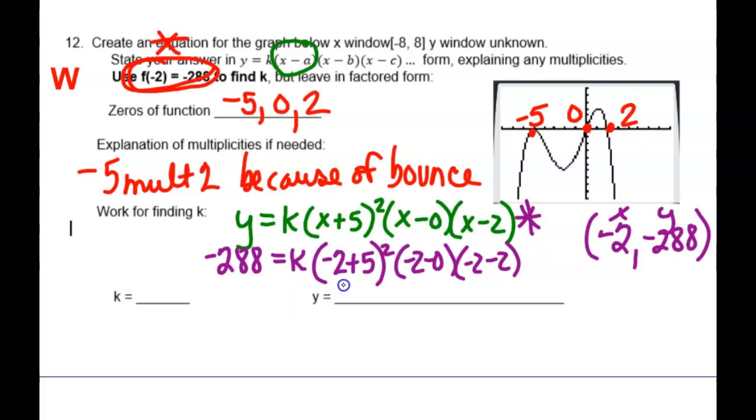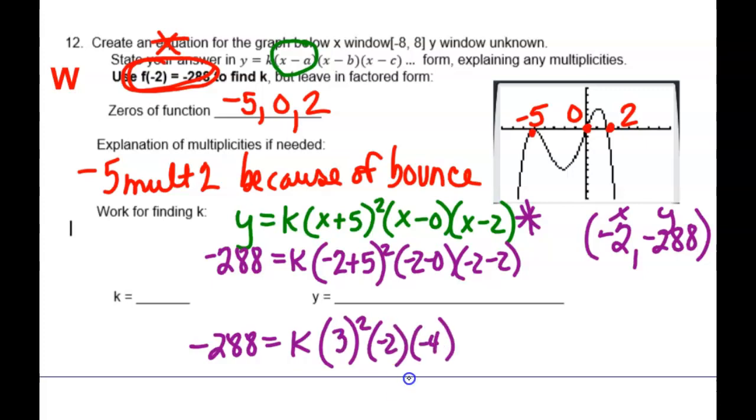To get the full points, we got to find the right K value here. So we have -288. -2 plus 5 is 3 squared. -2 and -4. So then I'm thinking this is 9 times -2 times -4. This would be +8. 9 times 8 is 72.